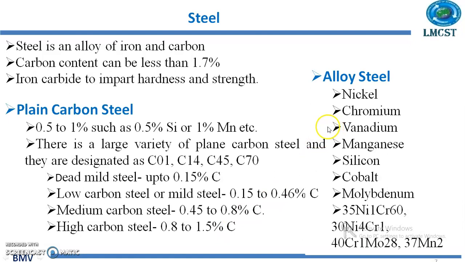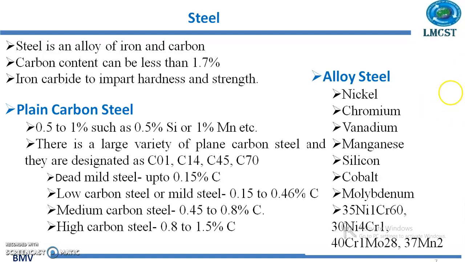Now we have alloy steel. In this, elements other than carbon are added in sufficient quantities to impart the desired properties such as wear resistance, corrosion resistance, electric and magnetic properties.